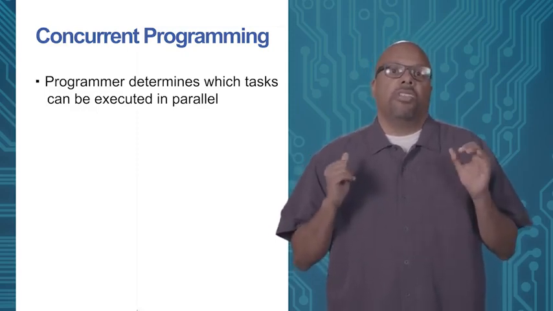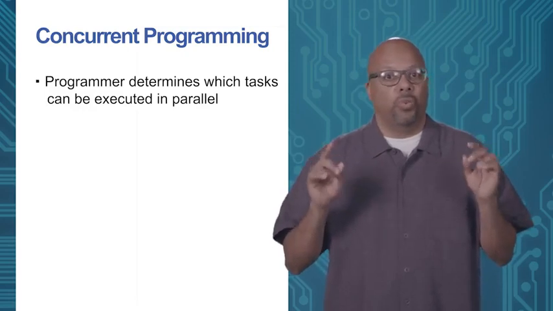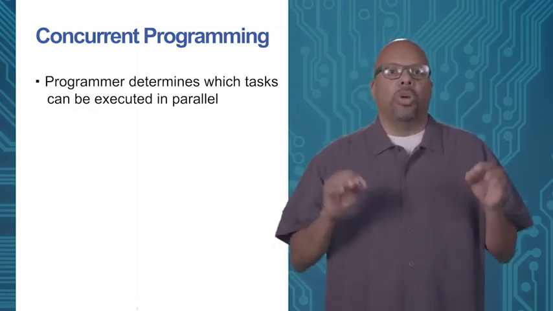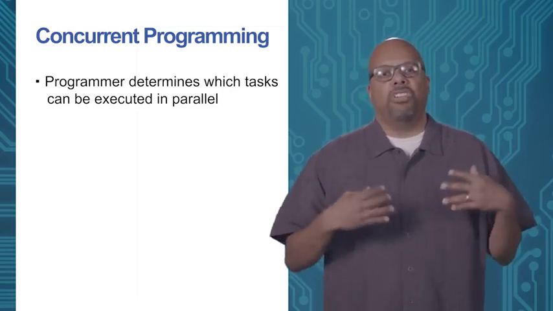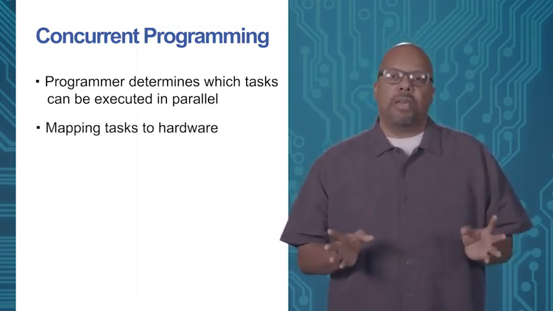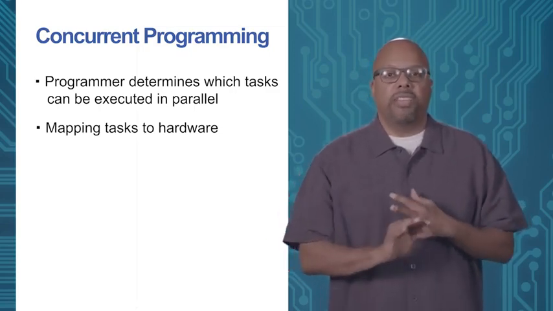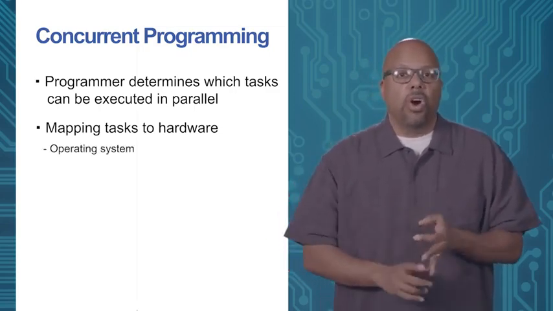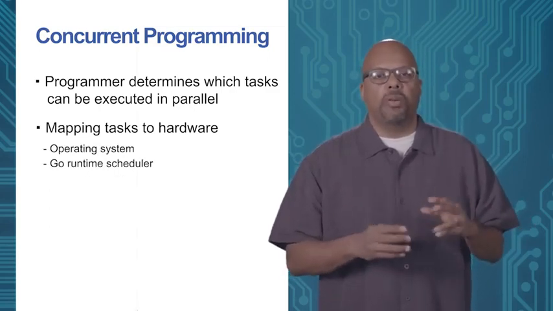The programmer describes what can be executed in parallel, not what will be executed in parallel. So what will be executed in parallel depends on how the tasks are mapped to hardware. Now, how the tasks are mapped to hardware, that is not directly in the control of the programmer. That's left to the operating system. Also, the Go runtime scheduler. That does part of the task too. We'll talk about that too.